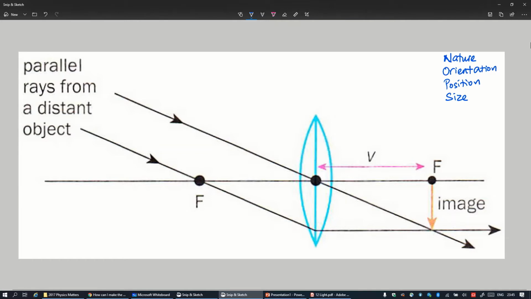such that by the time the light rays come closer to the lens, the light rays actually appear parallel to each other.